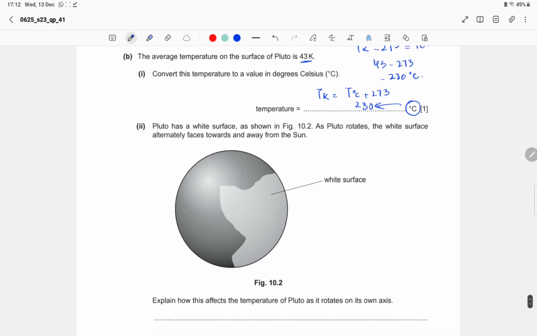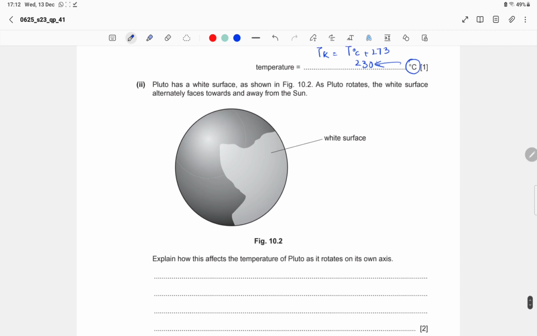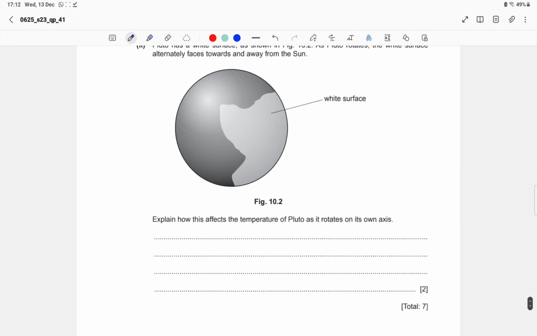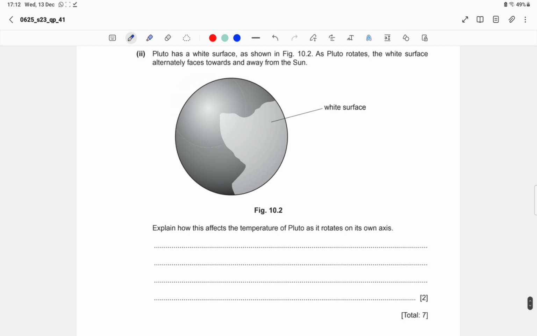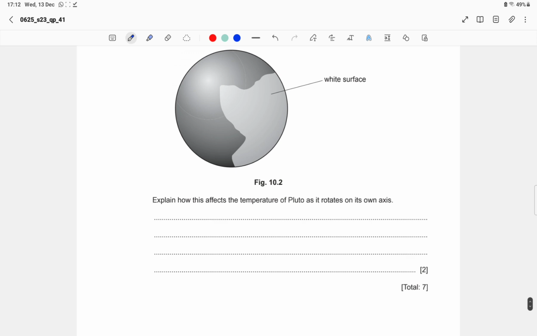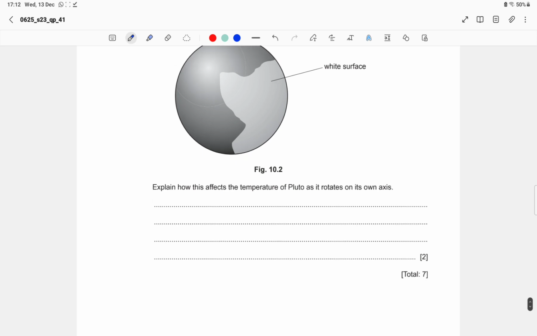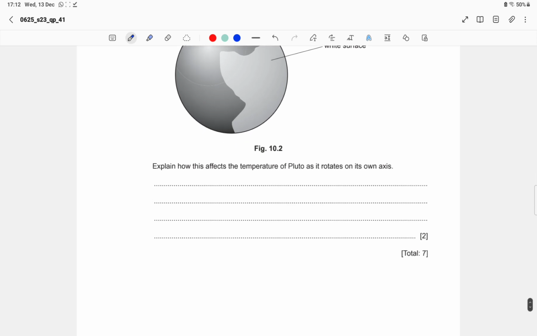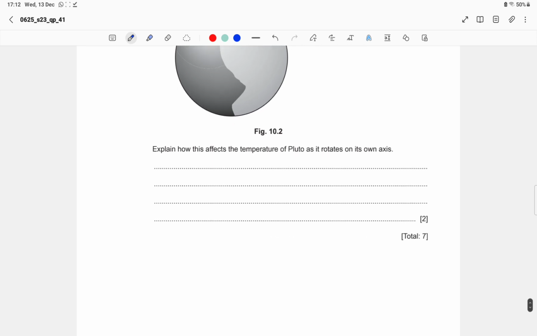Okay. Pluto has a white surface as shown in the figure. As Pluto rotates, the white surface alternately faces towards and away from the sun. Explain how this affects the temperature of Pluto as it rotates on its own axis.